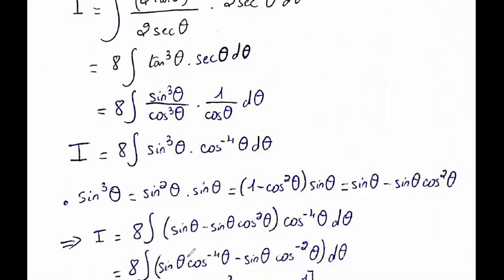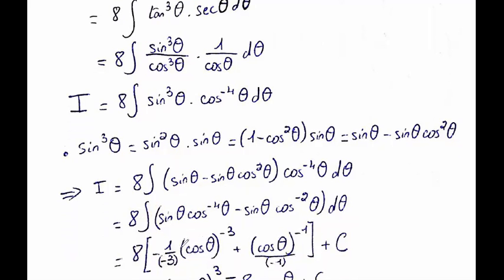Now we have the form, if we multiply by minus 1, we get the form u prime u to the power n, where n is minus 4. But if we multiply by a negative sign here, we need to put a negative sign outside the integral also. So when we integrate, we will get minus 1 over minus 3, because n plus 1 is minus 4 plus 1, minus 3, cosine to the power minus 3.